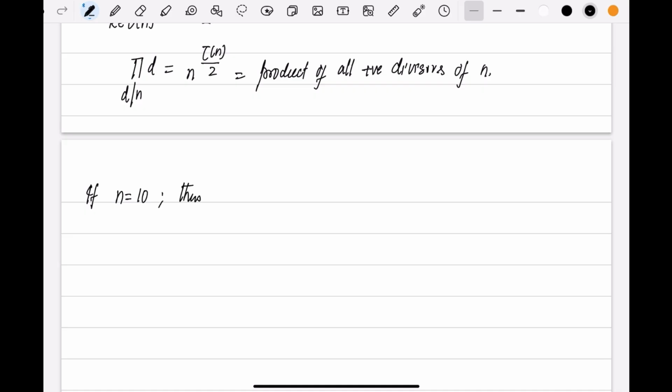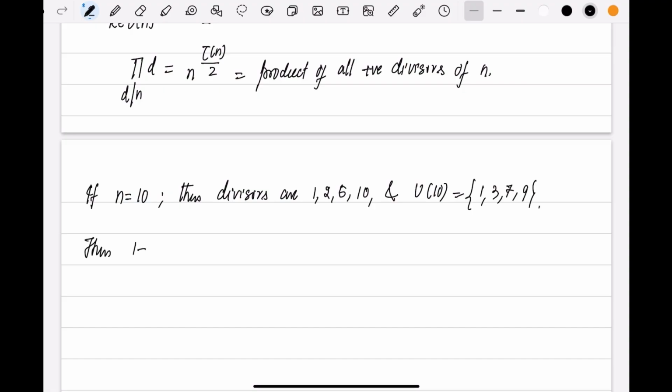So the divisors are 1, 2, 5, 10, and also U(10) is equal to {1, 3, 7, 9}. Then 1 plus 3 plus 7 plus 9 is equal to 20.